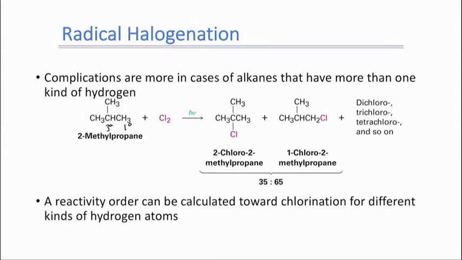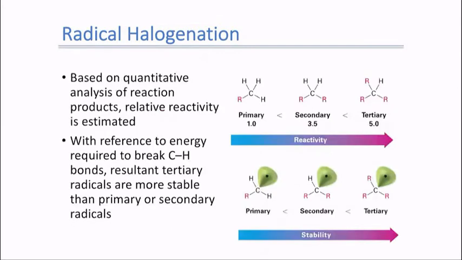And we can actually calculate a reactivity order towards the different chlorinations and figure out which hydrogens are more likely to get removed and replaced with a halogen. So looking at how this replacement can happen in the reactivity, we're focusing on primary, secondary, and tertiary carbons.